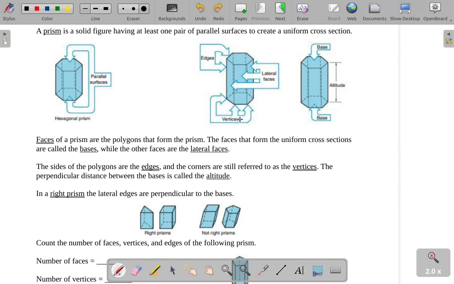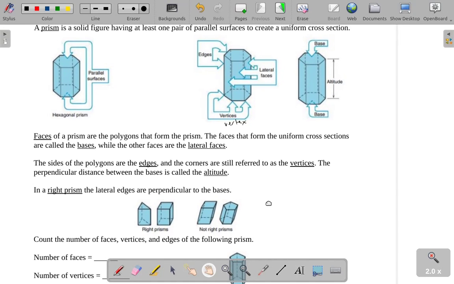Again, more vocabulary here. Vertices: each individual corner here, these are all vertices. The singular is a vertex. We call those vertices, or an individual vertex. And then these lines that connect the vertices we call edges. So this is pretty constant terminology we use when we're describing things in geometry.